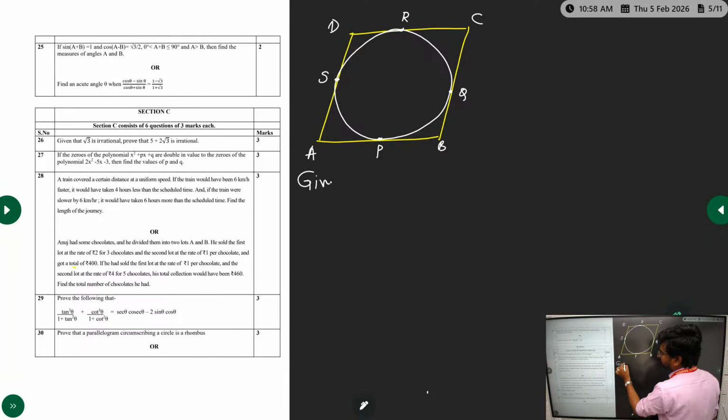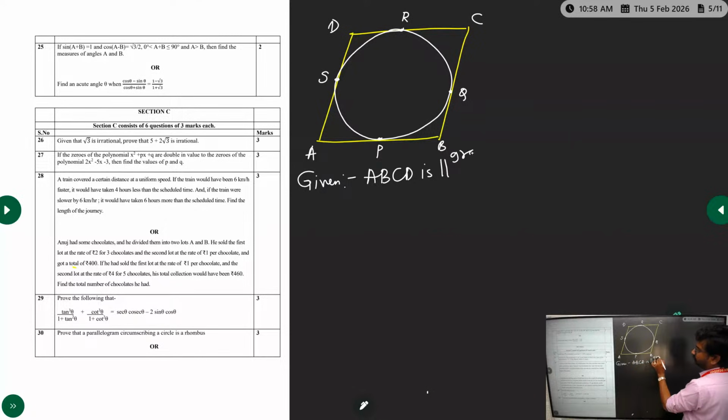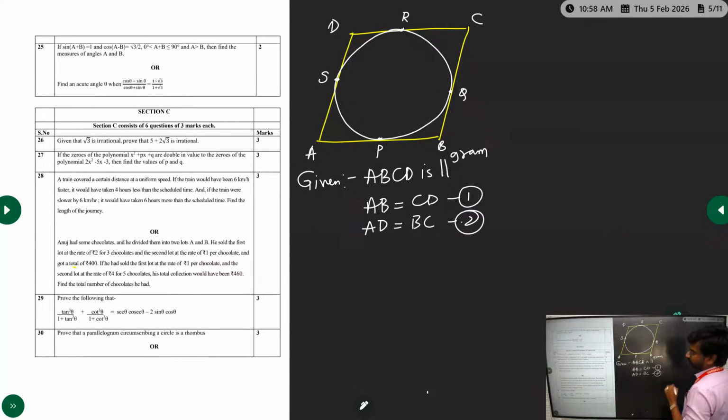Given: ABCD is a parallelogram. In a parallelogram, what are equal to each other? Opposite sides. AB will be equal to CD. AD will be equal to BC. Equation 1, equation 2. What should I prove? ABCD is a rhombus.